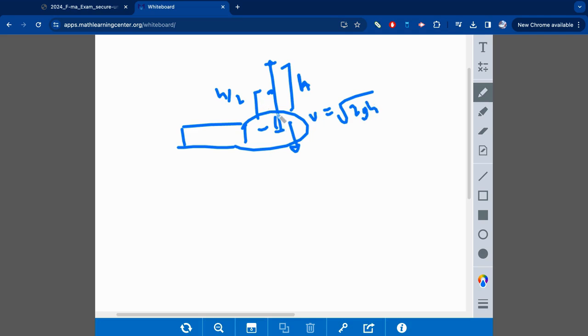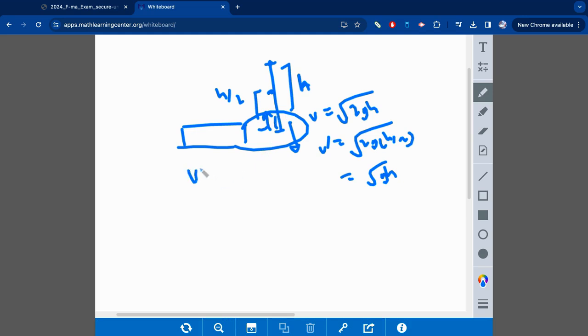That means that its velocity when it's going back up is going to be root of 2gh over 2, which is root gh. Which basically means that its velocity is going to decrease by a factor of root 2 after it collides.